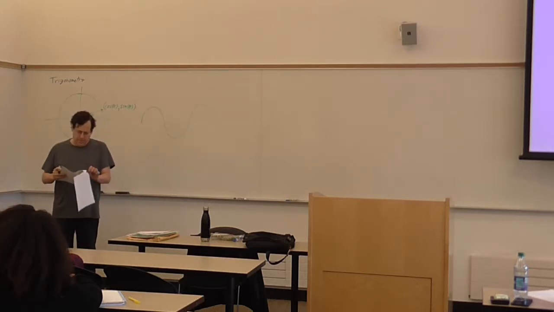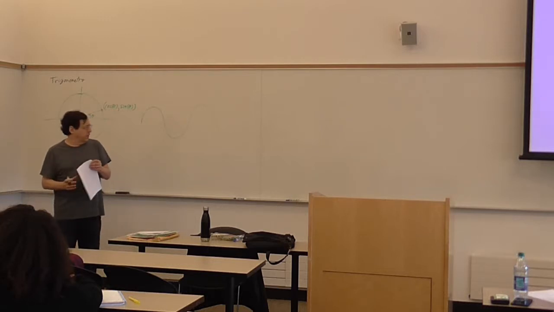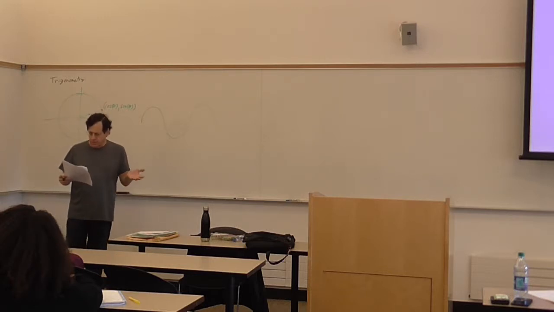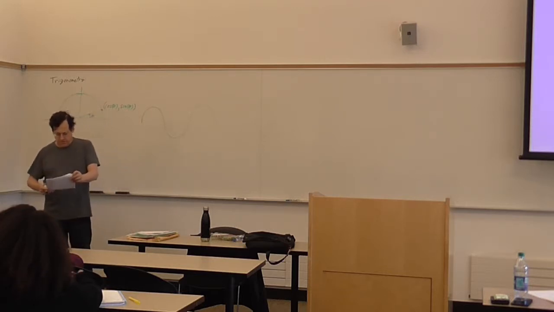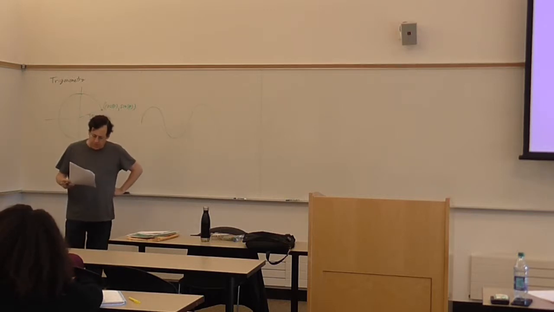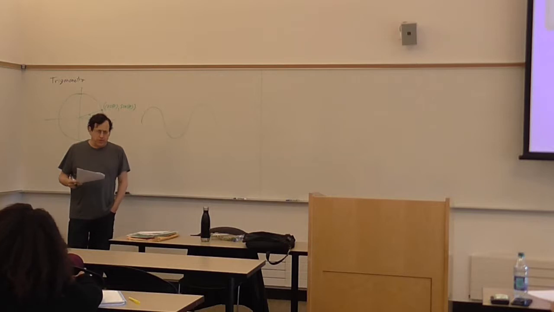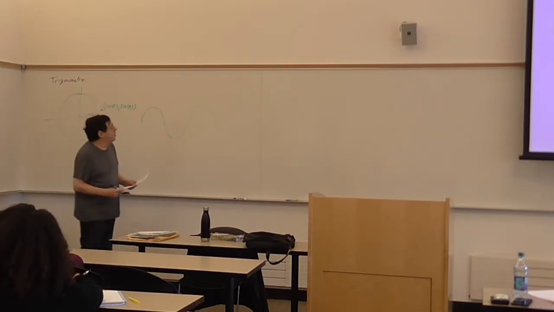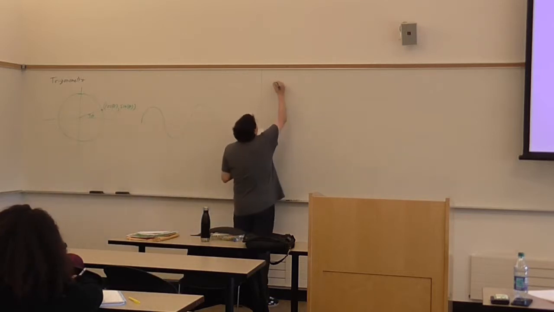I want to go over something again that some of you, I'm sure this is just review, but it's so important. It's going to be important, so I want to make sure everybody's on the same page. It has to do with these two important triangles.